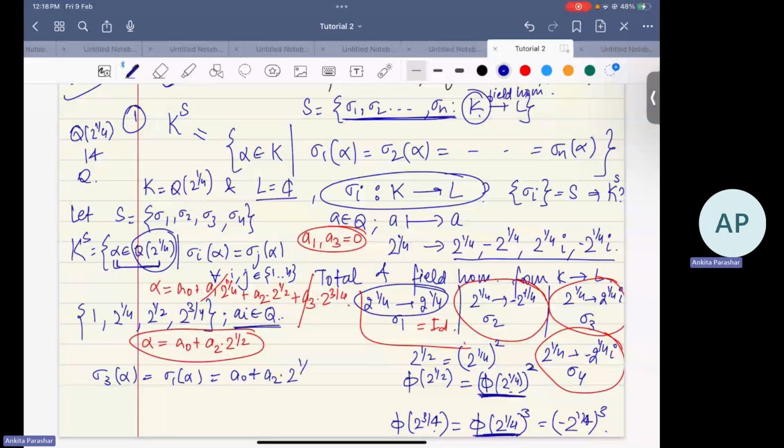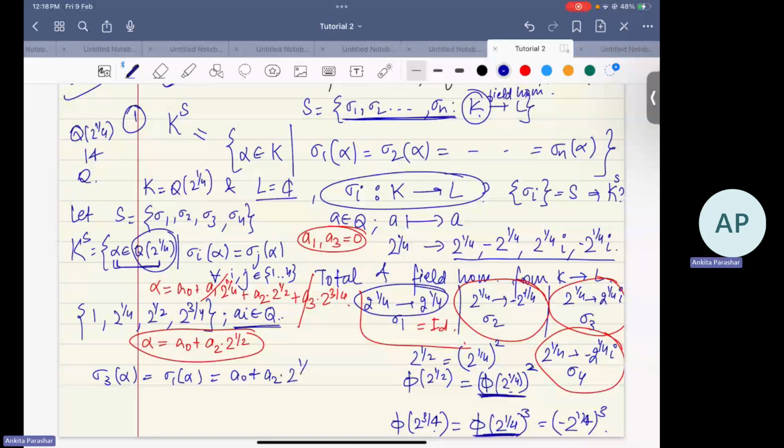However, you will see that sigma 2 of 2 power 3 by 4 is minus 2 power 3 by 4, because sigma 2 of 2 power 1 by 4 is minus 2 power 1 by 4, and therefore if you take the cube, it will be minus 2 power 3 by 4.